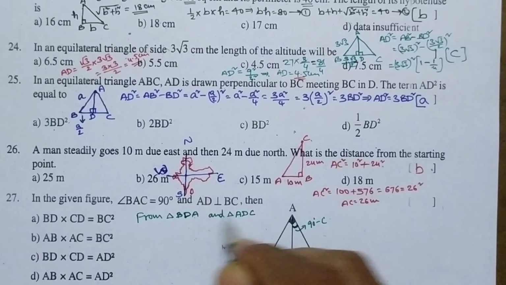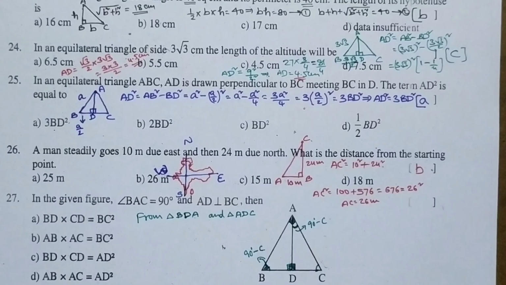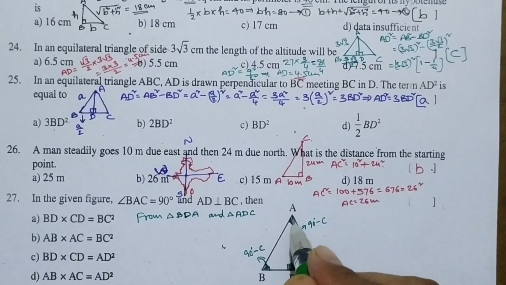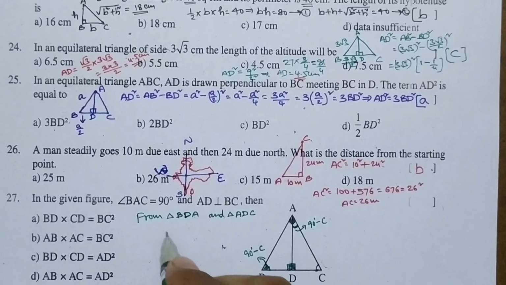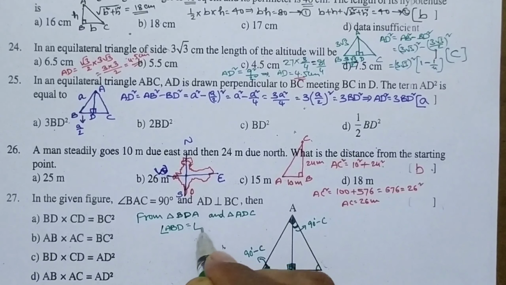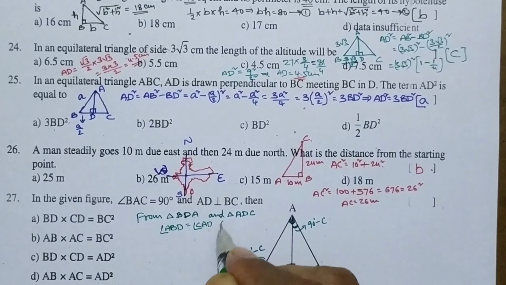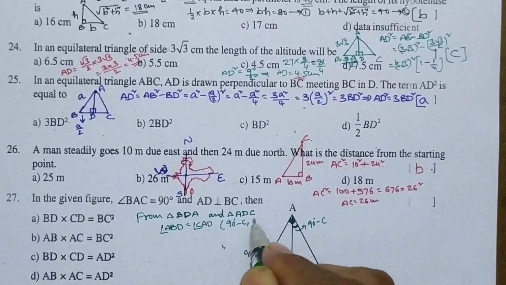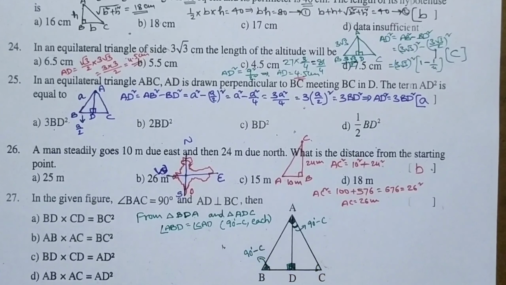So let us compare these two triangles. Just now how I said, the same way you can follow it. In this triangle angle B, we can say that angle ABD is equal to, in this triangle angle A, angle CAD. This is 90 degrees minus C each. So these two angles are equal.